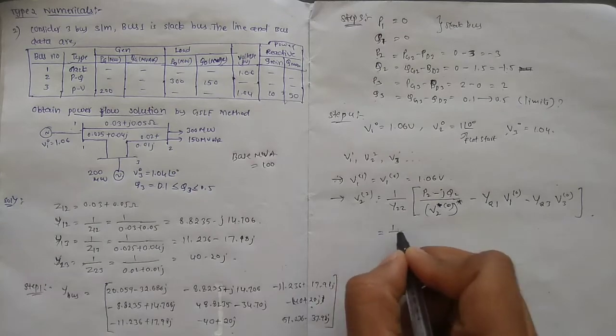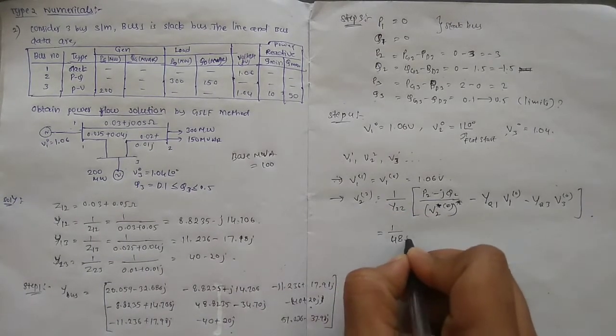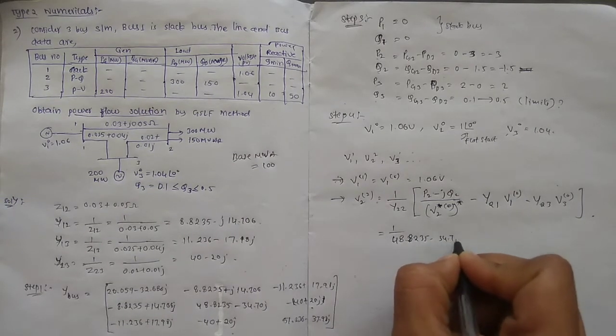Substitute all the values. Y22 we get from the Y bus, this is 48.8235 minus 34.7j.